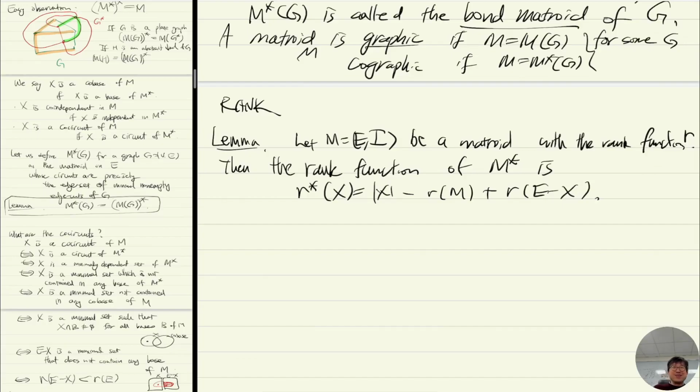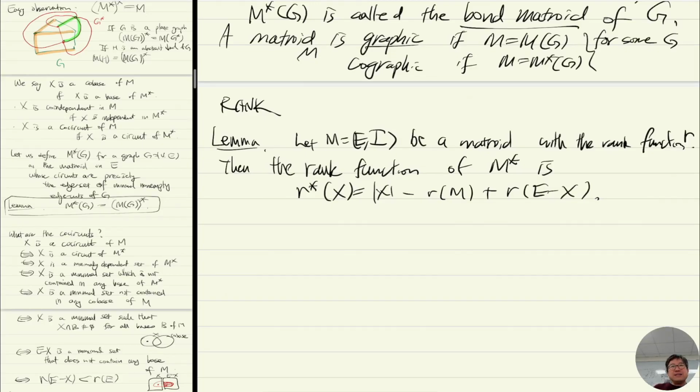Sometimes it's difficult to remember these signs, which one to subtract, which one to add. But first of all, you can easily see that this obviously satisfies the easy cases. For instance, if X is empty, then the size of X is 0, and minus rank of M plus rank of M, right? So this is 0. If X is everything, so if X is equal to E, then it's equal to size of E minus rank of M, which is the rank of the dual. So this is correct.